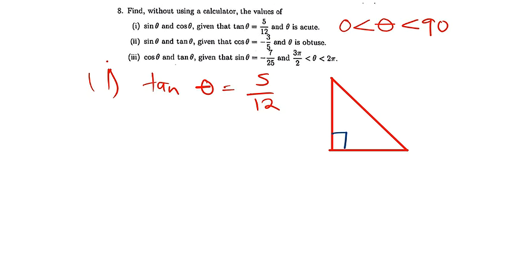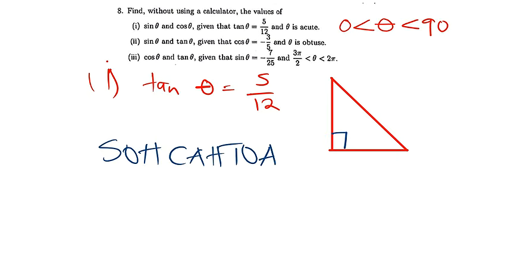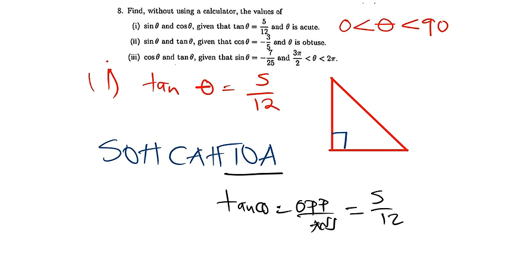So from SOHCAHTOA, try to fill the values on the triangle. Which one is the opposite, which one is the adjacent? So the TOA part, tan theta is equal to opposite over adjacent. Now in this case we are told tan theta is 5 over 12. So if we say that is our theta, the opposite becomes 5, the adjacent is 12.